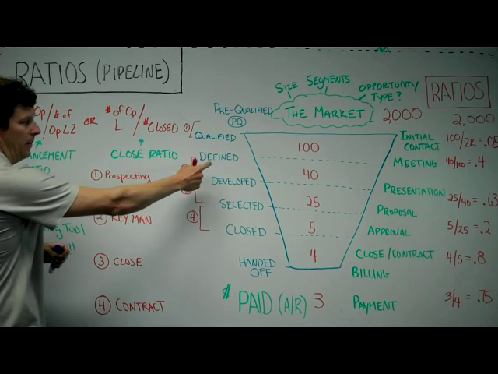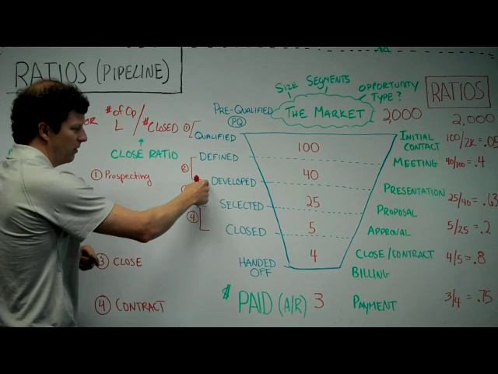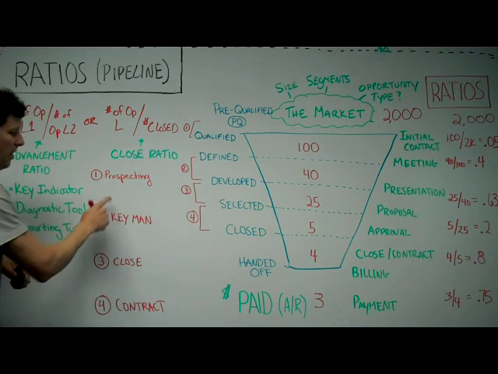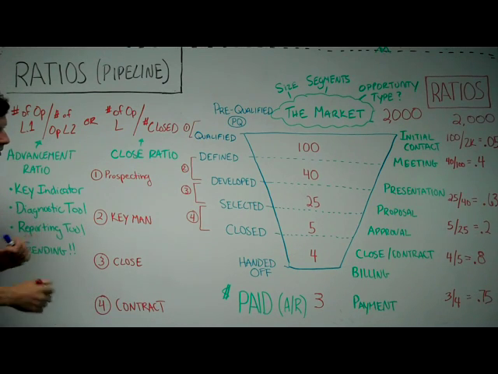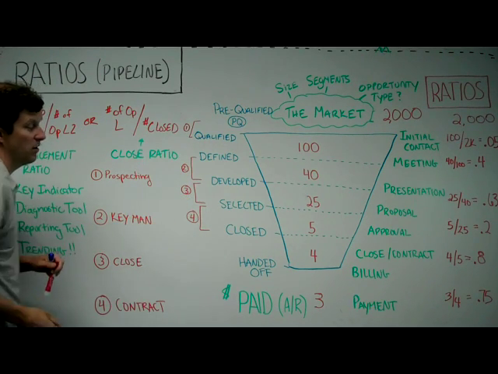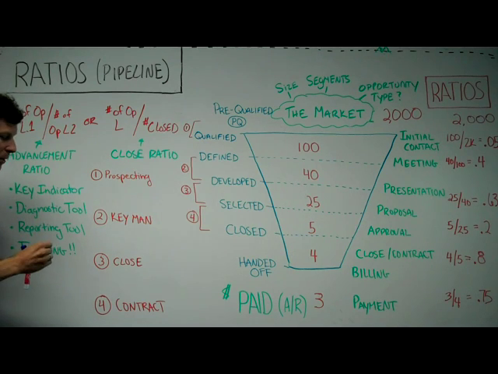Number 2 is, how many times did I move from an initial meeting and demo to a very long series of meetings and demos where I met all of the key decision makers. That one I'm calling my key man ratio, meaning I got to talk to the right people. The third one is I moved from those talks to them giving me a verbal confirmation. I'm going to call that my close ratio because they told me they want to work with me.